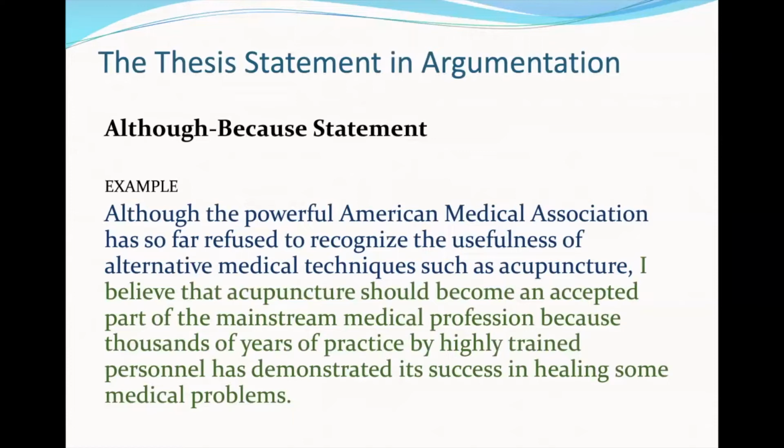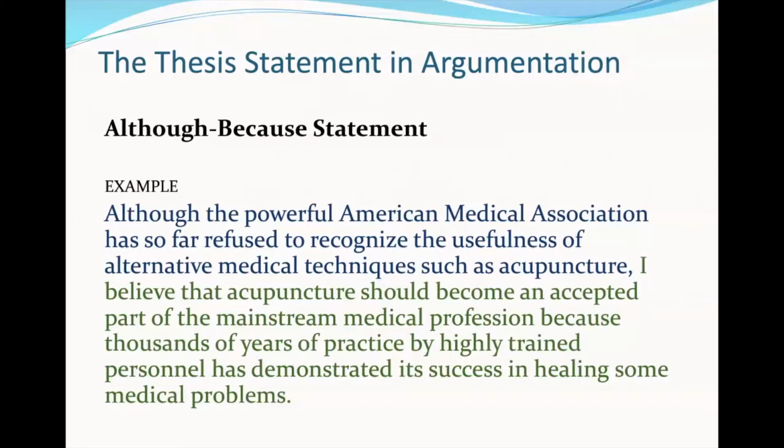Now, as you notice, the statement begins with although, and it talks about the American Medical Association's refusal to recognize the usefulness of alternative medical techniques, which is acupuncture. But the position of the writer is that she believes that acupuncture should become an accepted part.